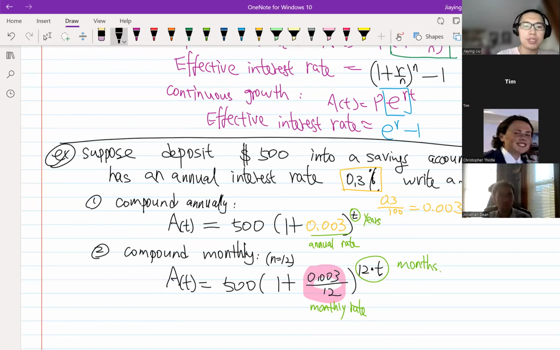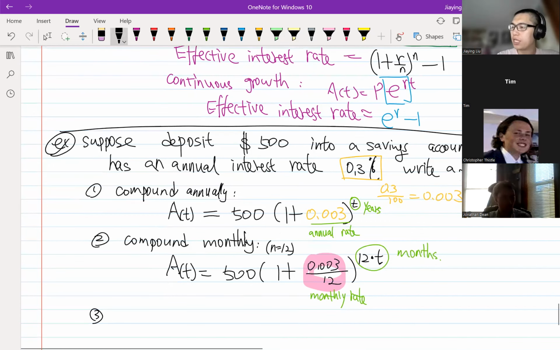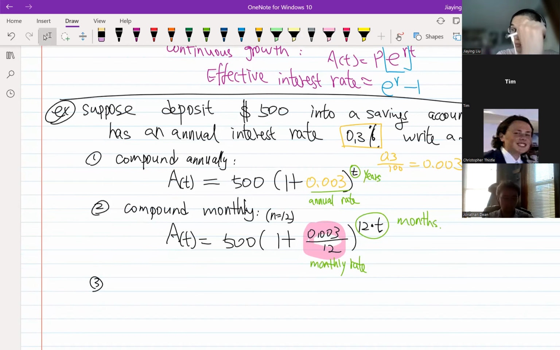All right, how about number 3? Let's see, so that's monthly. If it's daily, we just change the 12 to 365.